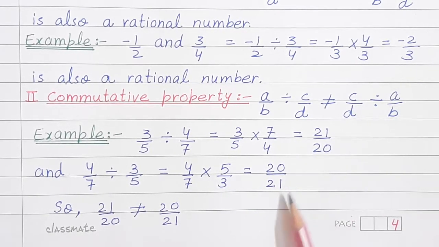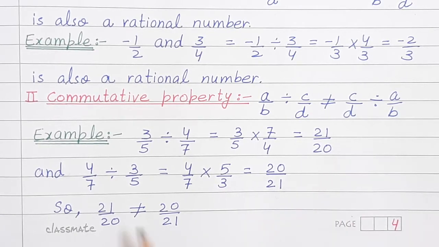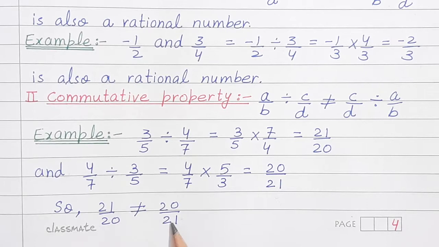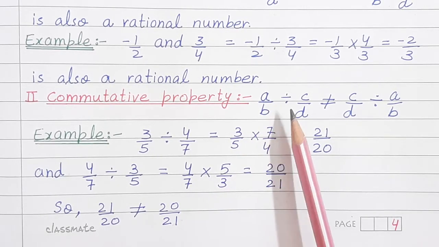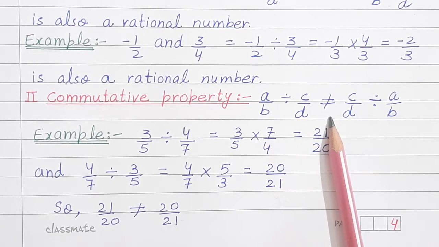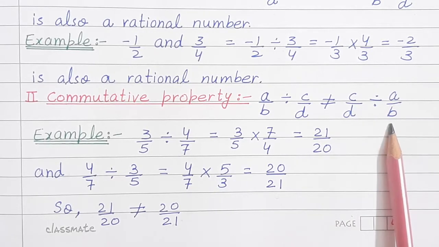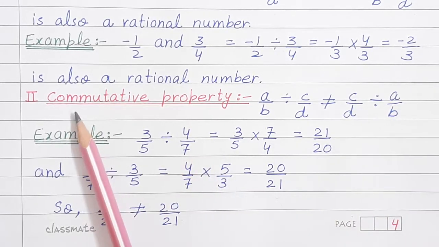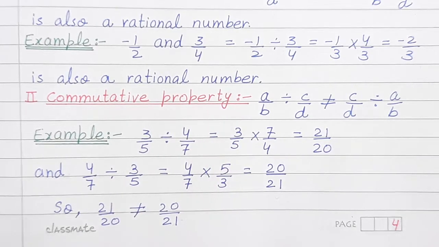So students, you can see that right hand side and left hand side, they both are unequal. Therefore, A upon B divided by C upon D is not equal to C upon D divided by A upon B. Hence, commutative property for division does not hold.